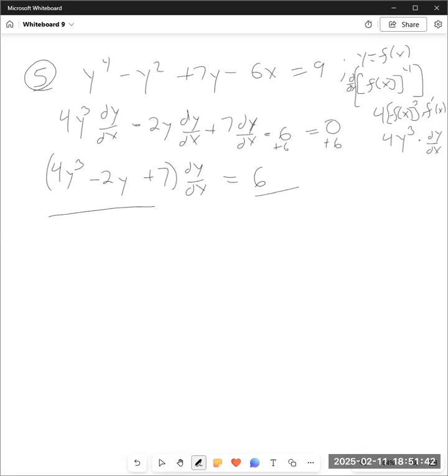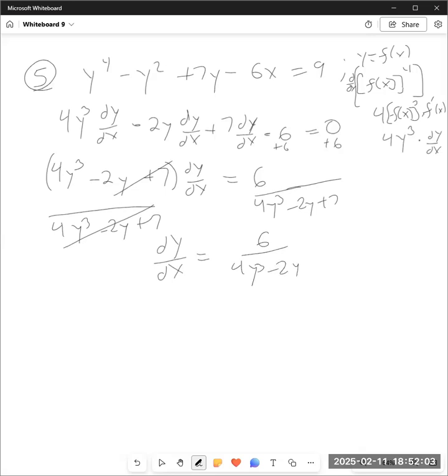Going to divide both sides here by 4y cubed minus 2y plus 7. So dy dx is equal to 6 over 4y cubed minus 2y plus 7.